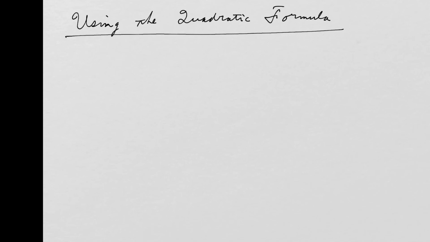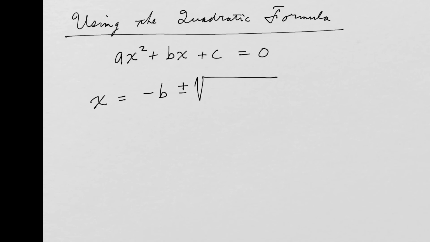Okay? So if I want to solve this quadratic equation, ax squared plus bx plus c is equal to 0, using the quadratic formula, it turns out that the answer is going to be that x is equal to, and you probably have heard of this before, negative b plus or minus the square root of b squared minus 4ac, right?